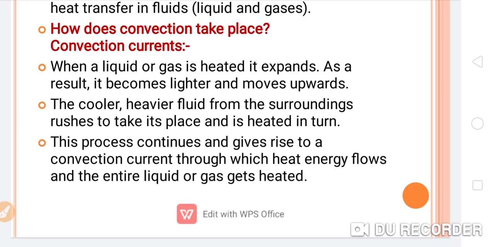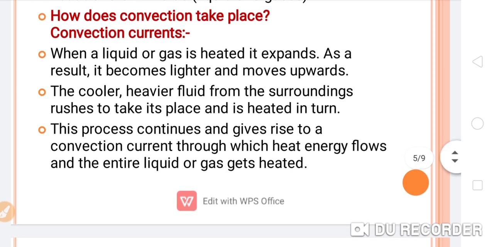Fill it two-thirds with water and place it on a tripod stand, or make some arrangement to place the flask in such a way that you can heat it by placing a candle below it. Wait till the water in the flask is still. Place a crystal of potassium permanganate at the bottom of the flask gently using a straw. Now heat the water by placing the candle just below the crystal.